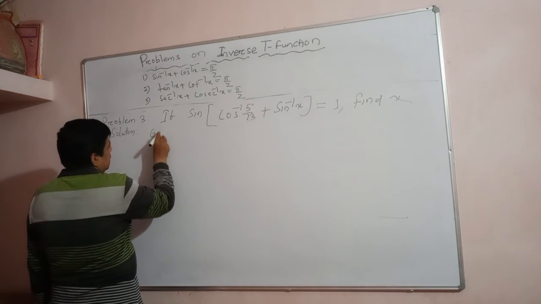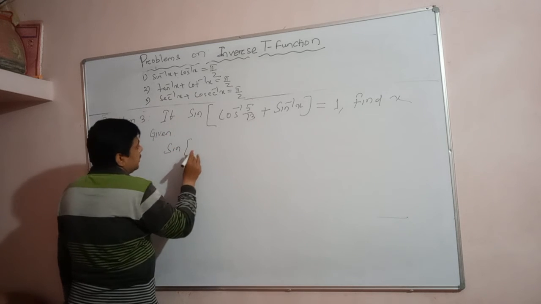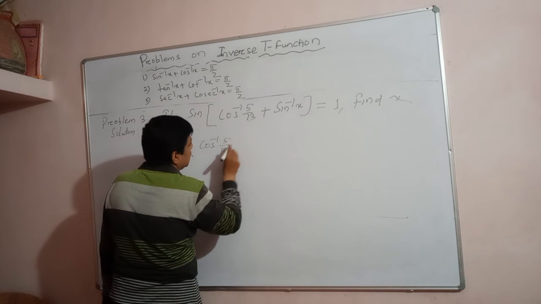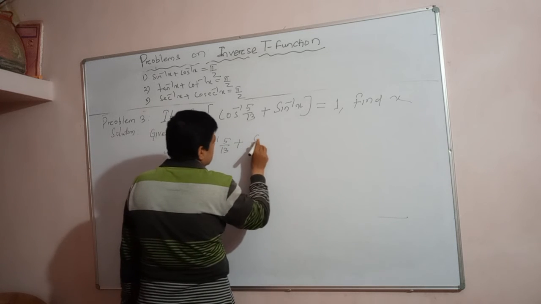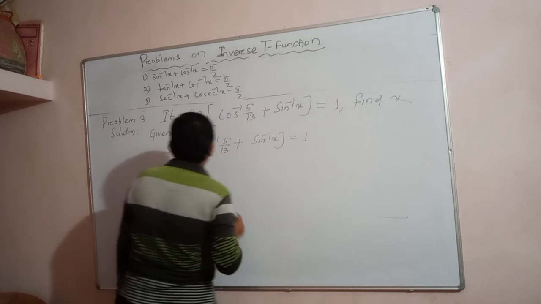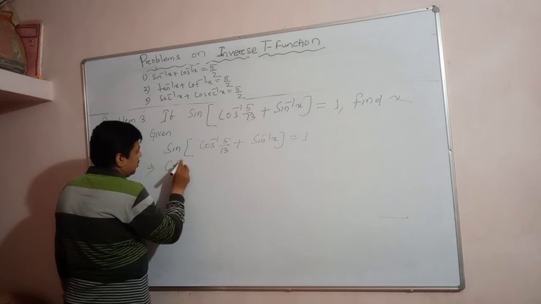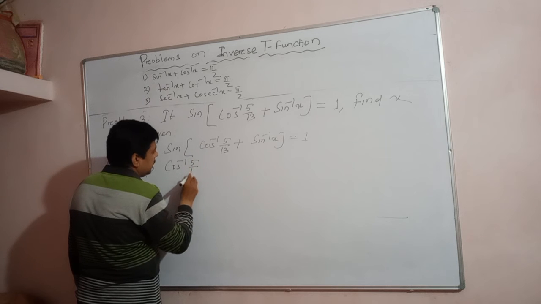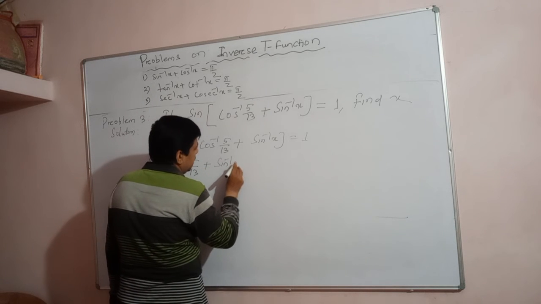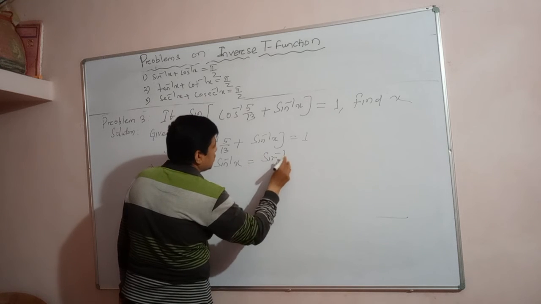Given sine of cos inverse of 5 upon 13 plus sine inverse of x is equal to 1. So that implies cos inverse of 5 by 13 plus sine inverse of x is equal to sine inverse of 1.